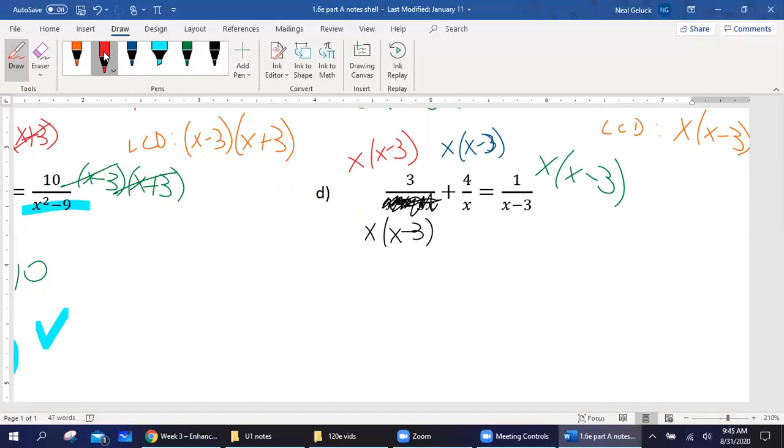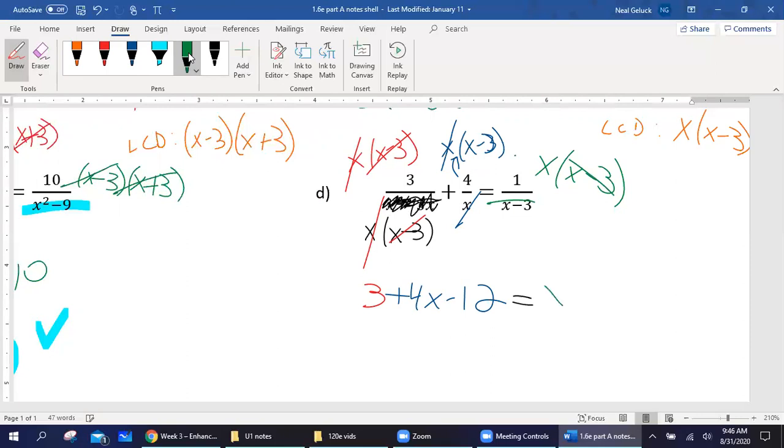So with the red stuff, the x's cancel, the x minus 3's cancel. I'm just left with the number 3. For the blue stuff, the x's cancel. I'm left with 4 times x minus 3, so that's going to be 4x minus 12. And for the green stuff, the x minus 3's cancel.